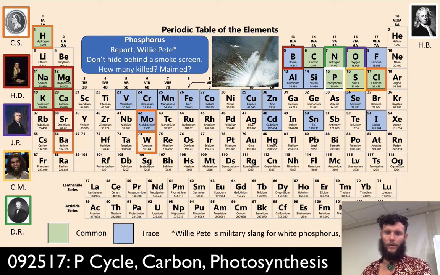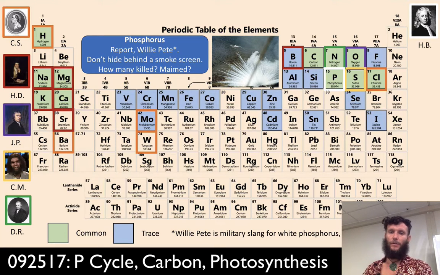We'll put a little white thing around phosphorus there with Henning Brandt. Haiku: Report, Willie Pete. Don't hide behind a smoke screen. How many killed? Maimed. So Willie Pete is a military code for WP, which stands for white phosphorus.